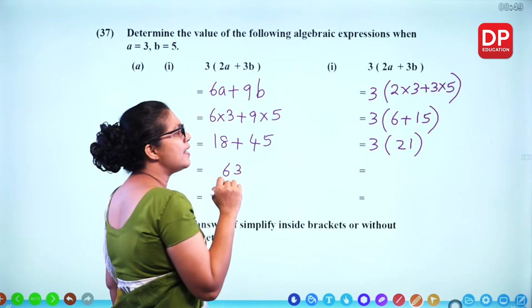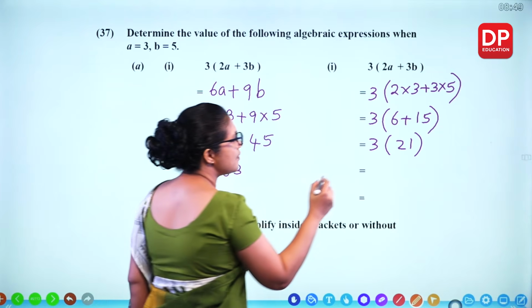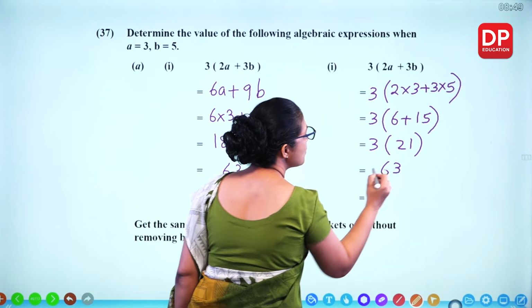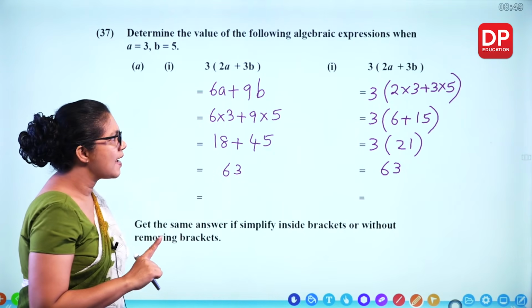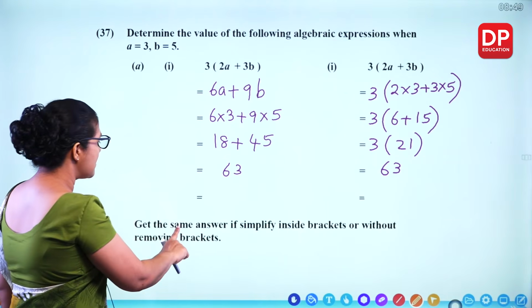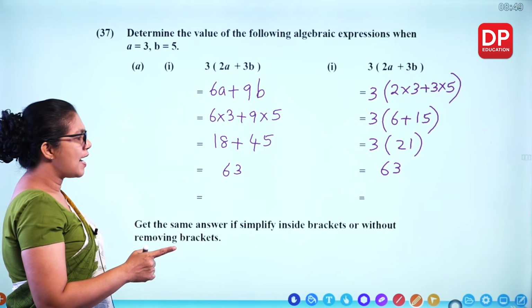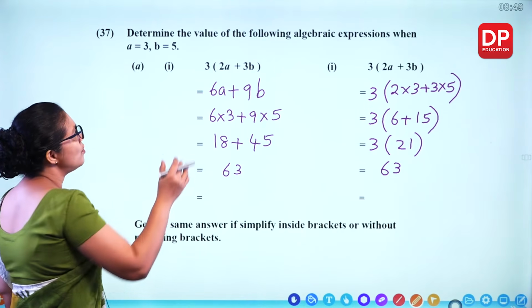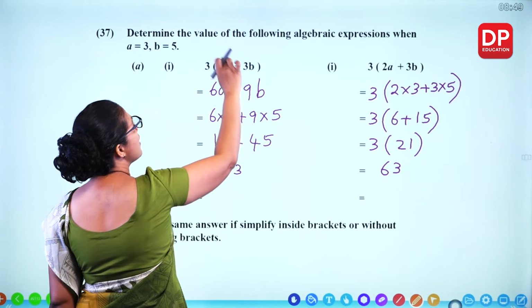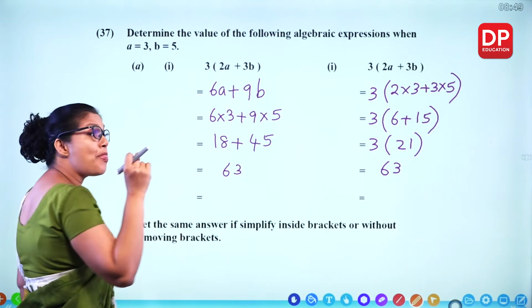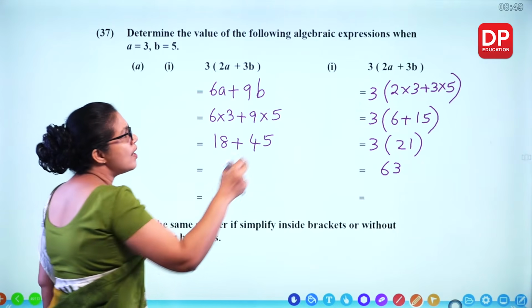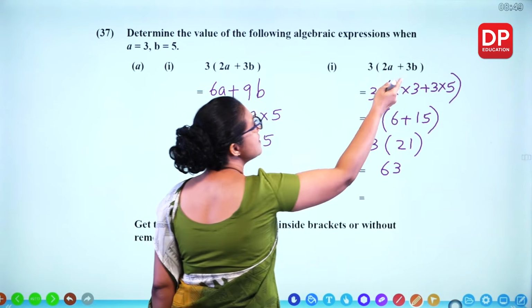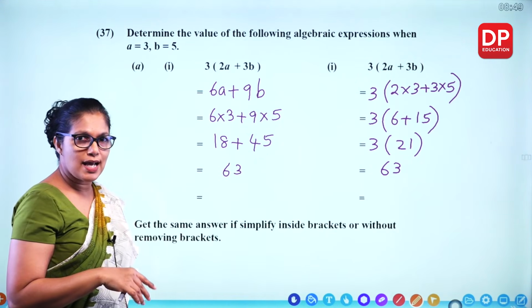Now multiply 3 and 21. 3 times 1 is 3. 3 times 2 is 6. So you are getting the same answer. You get the same answer if you simplify inside brackets or without removing brackets. So you can do any method. First you can multiply and simplify and then substitute, or simplify inside the brackets and then multiply by the outside number.